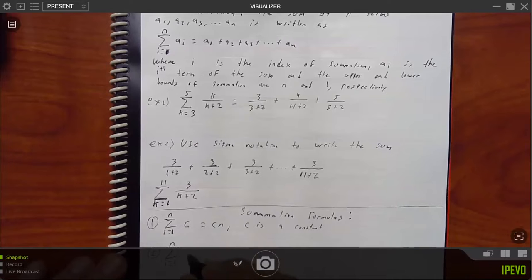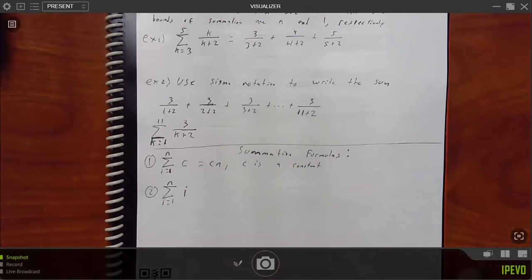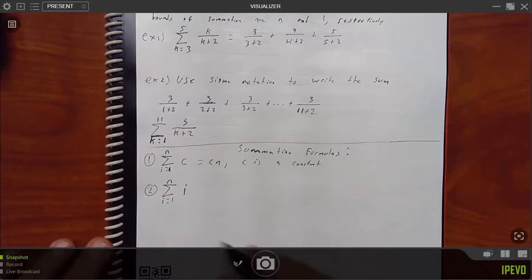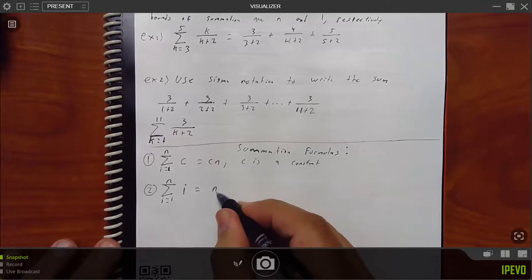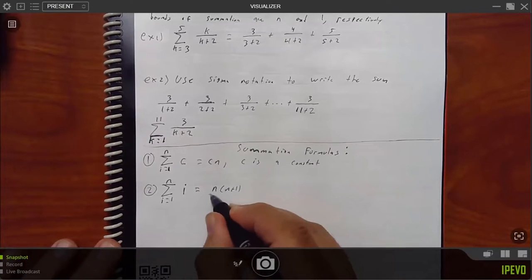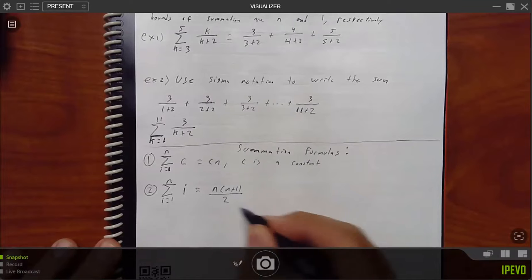Now, if you're adding just the letter i, the index itself, it is equal to this formula: n times n plus 1 over 2.